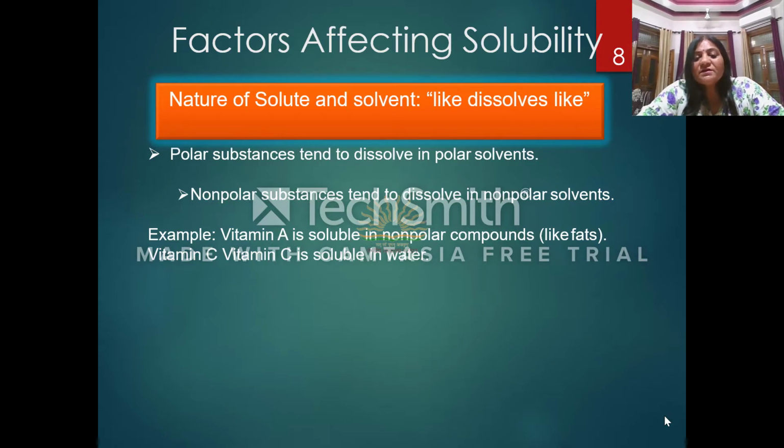Polar substances tend to dissolve in polar solvents. Non-polar substances tend to dissolve in non-polar solvents. Example: vitamin A is soluble in non-polar compounds like fats. Vitamin C is soluble in water.